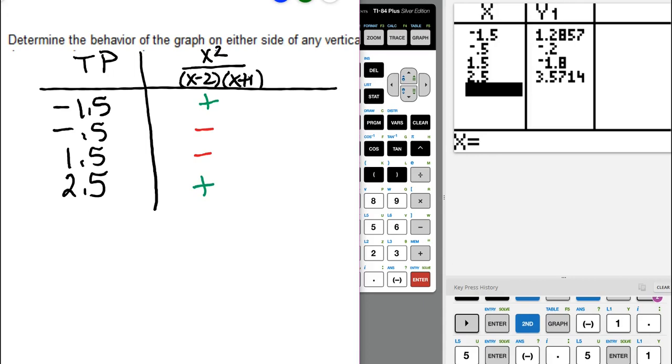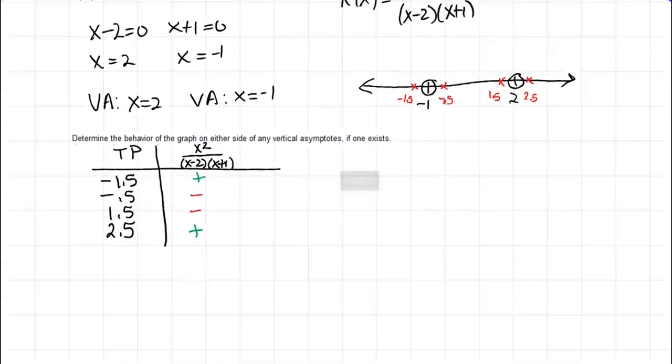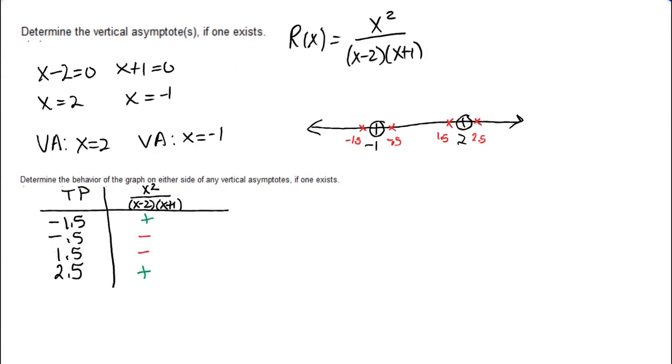Okay, now let's go back to my chart. Now using the chart, what we found is that on this side it was positive, on this side it was negative. And then we have negative here and positive here.